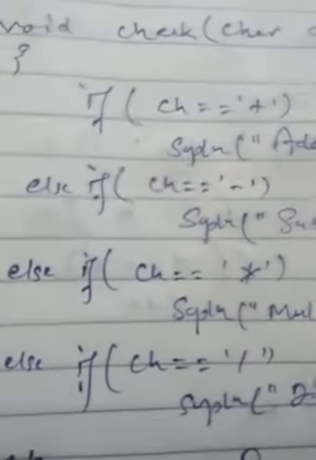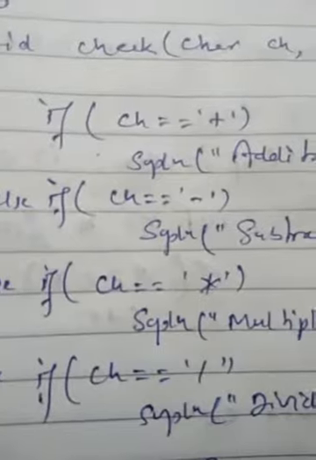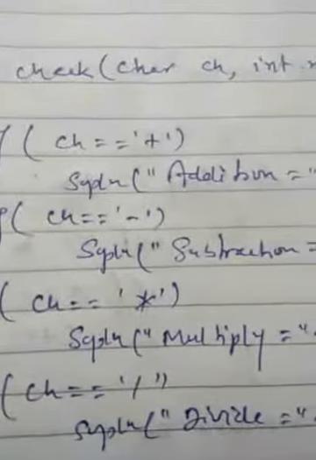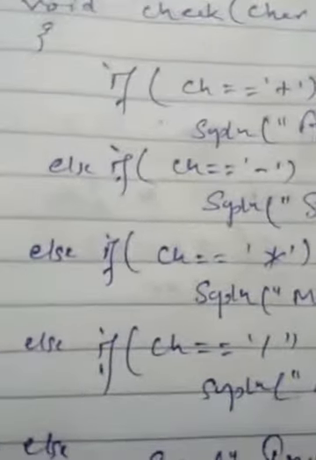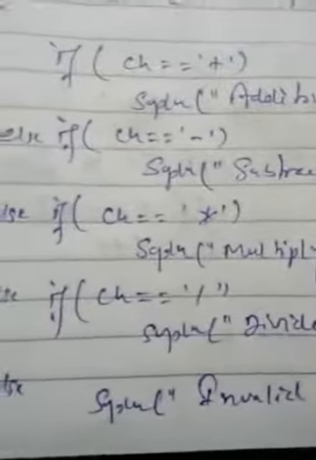Third condition, else if ch is equal to the multiply sign, then we have to multiply and print. And if ch is equal to divide, then division, a upon b, otherwise we will print a message, invalid option.